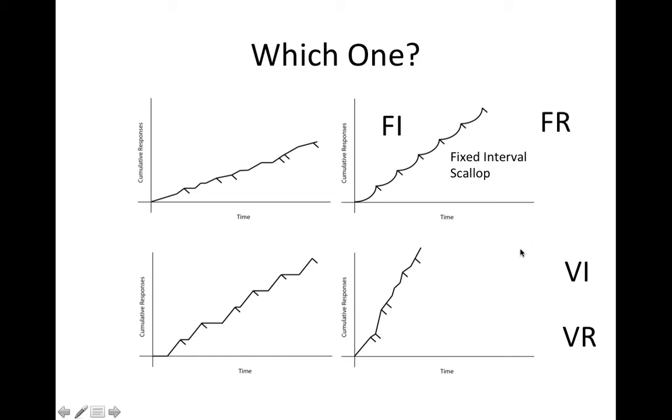A fixed ratio schedule, the pattern that we usually see is something like this. This one right over here. You notice that the time in between reinforcers is not fixed, but the number of responses between reinforcers, if we were able to draw lines from this point over to here, from this point over to here, they would be equidistant. This is a fixed ratio schedule.